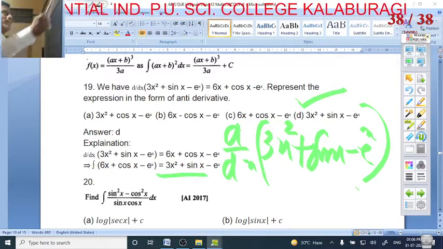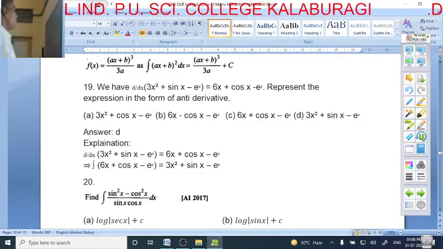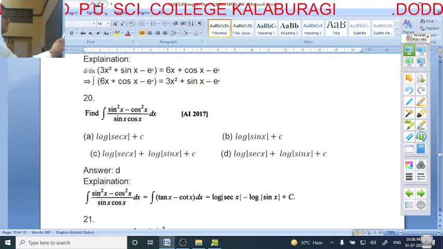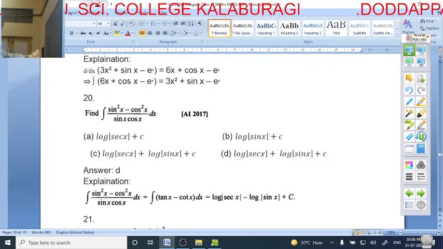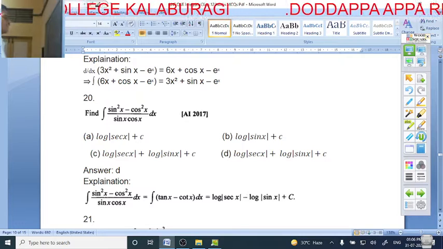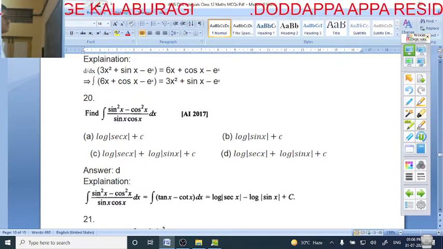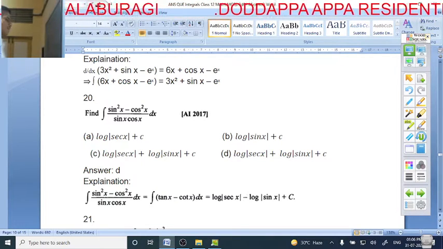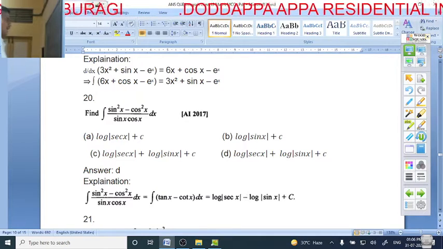The definition plays an important role. Let's solve the next example: the value of the integral of sin square x minus cos square x dx divided by sin x into cos x.